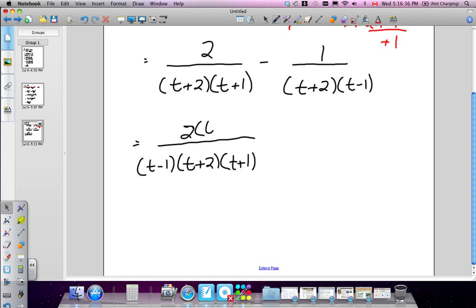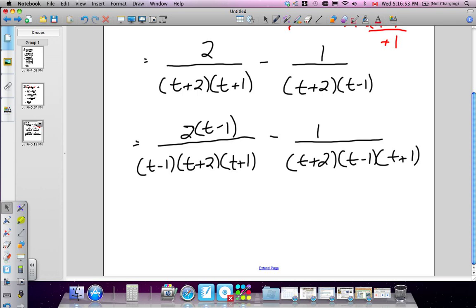And on the other side, I need to multiply by t plus 1. That's what it's missing. So I have t plus 2, t minus 1, t plus 1. And then I have to do that times the top, t plus 1. So if you look now, I have a t minus 1, t plus 2, and a t plus 1. So now I have common denominators. All the denominators are the same.